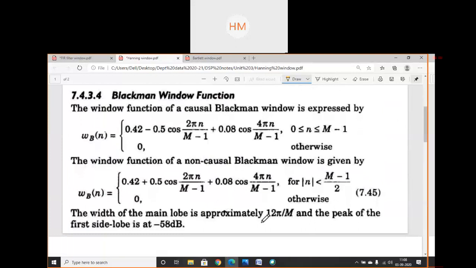The width of the main lobe is approximately 12 pi by m. So the width of the main lobe is increasing continuously, and the peak of the first side lobe is going very down. That means we are getting very sharp peaks at -58 dB.